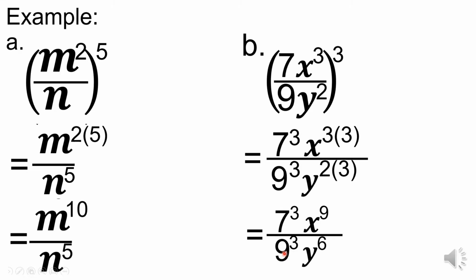And then for the 9 times 9 times 9, 3 times again. And then just affix the variable x to the power of n. Same thing with x to the power of 9. Same thing with y to the power of 6. Okay? I hope you understand.